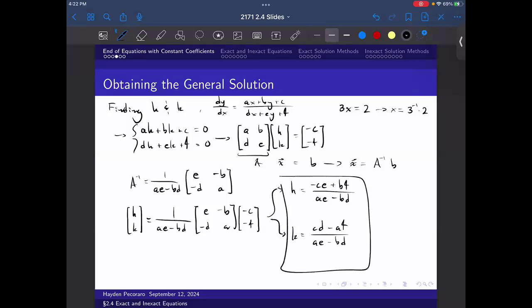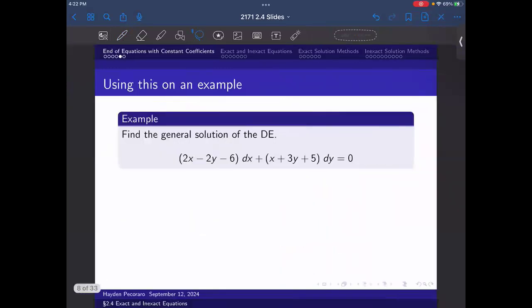Those are your general solutions for h and k. So we take this to the other side, and we use this to find the solution of this example. I'm not going to ask you to do this. I'll write it down for you.